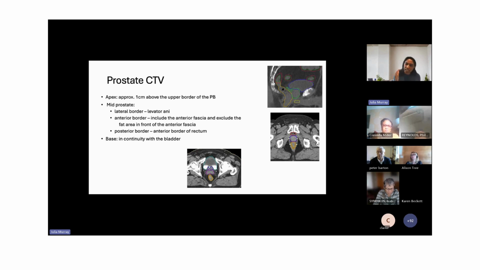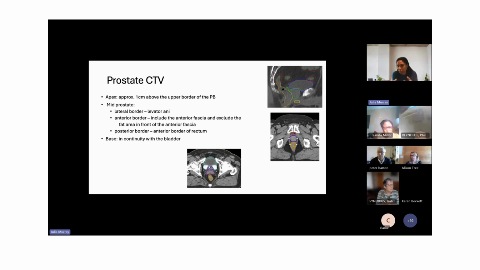In terms of the anterior border, as you can see on this slide on the right, there's the red circle. This is the retropubic space, and within it there is fatty tissue and also the Santorini's venous plexus, and anteriorly it's covered by the prostatic fascia. That has a very similar density on CT to the venous plexus, so sometimes that can cause a bit of uncertainty.